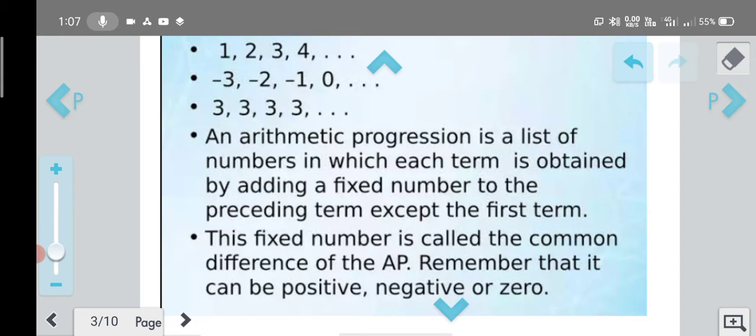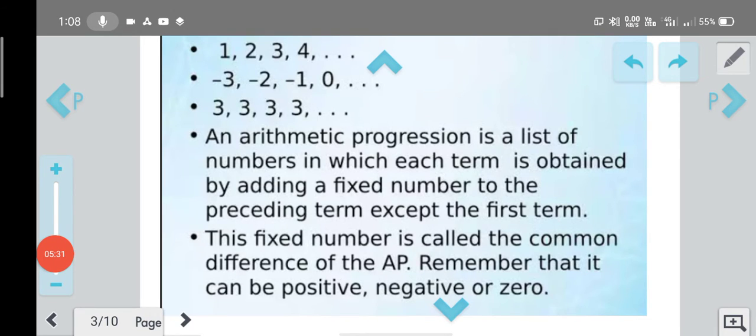This fixed number is called the common difference of the AP. Remember that this fixed number can be positive, negative or 0. So I hope now you all understood that the common difference can be positive, negative or 0.